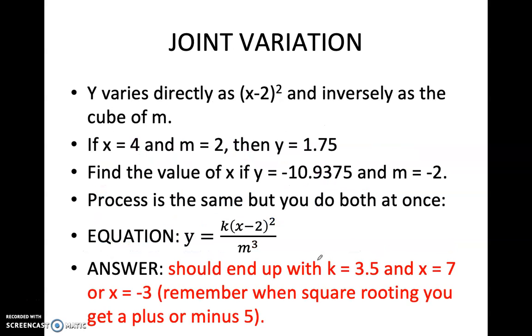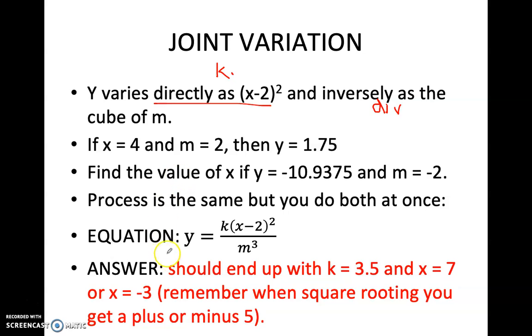All right, one more. We have joint variation. Joint variation is just a combination of direct and inverse. So I say y varies directly as this, so that should mean k times that. And inversely as the cube of m, so that means divided by. That's all it means.